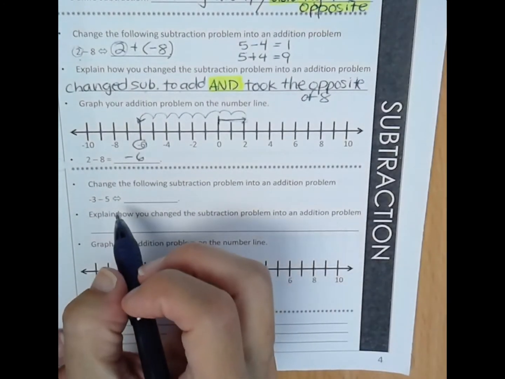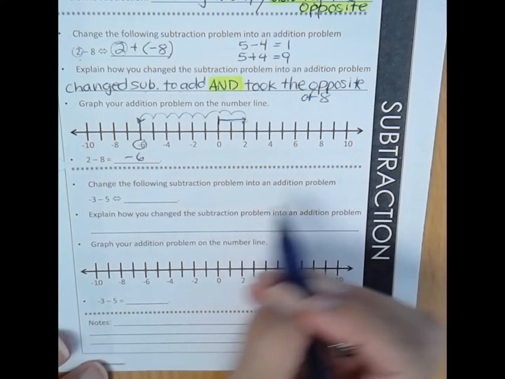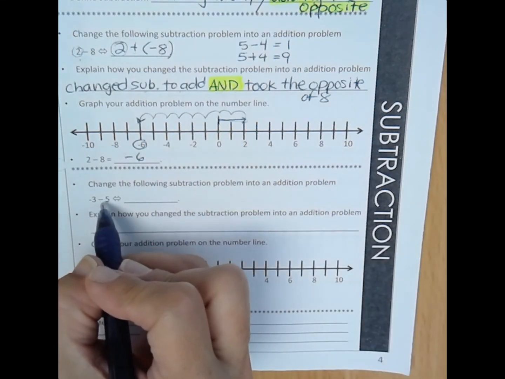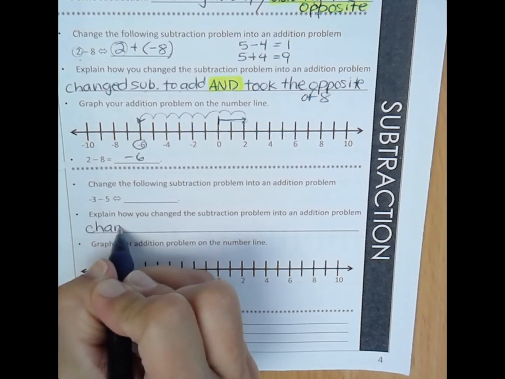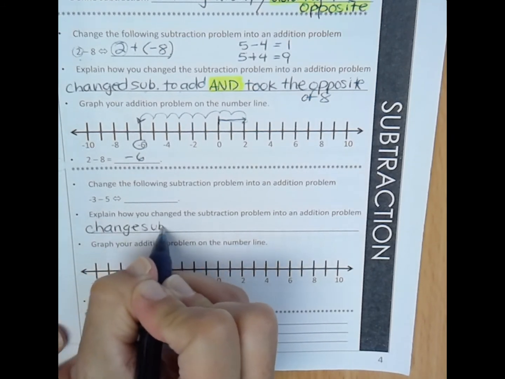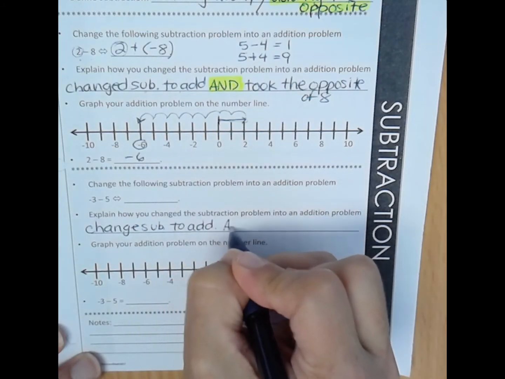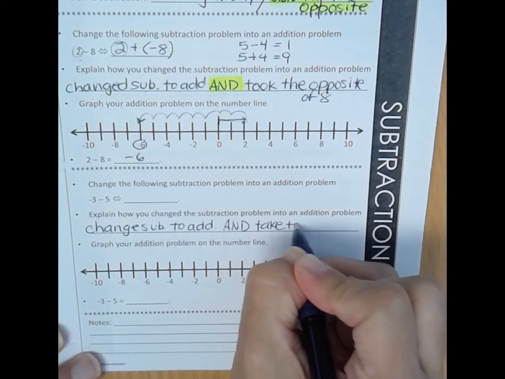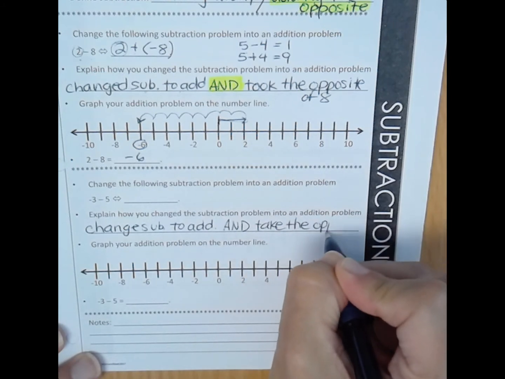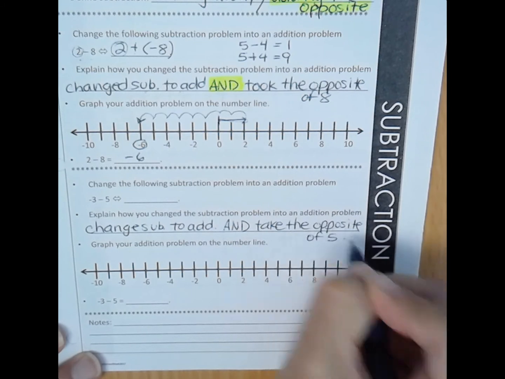Okay, let's look at the second example. Change the following subtraction problem into an addition problem. Negative 3 minus 5. Well, we said that we can change subtraction to addition and take the opposite of 5.